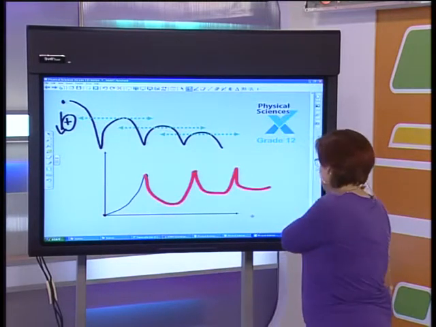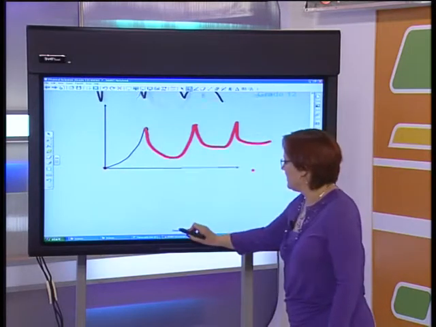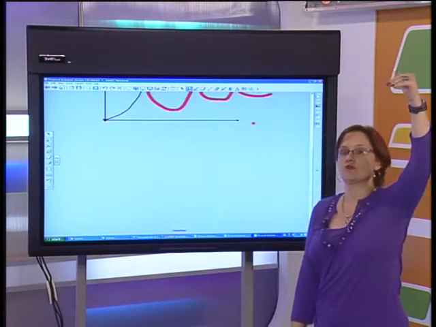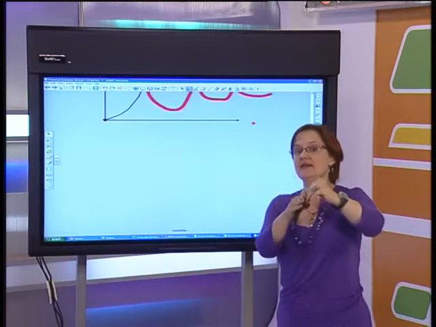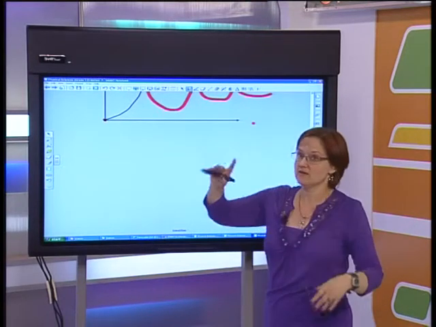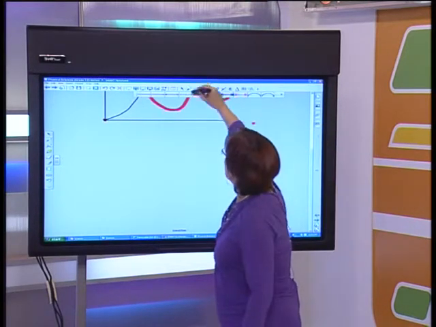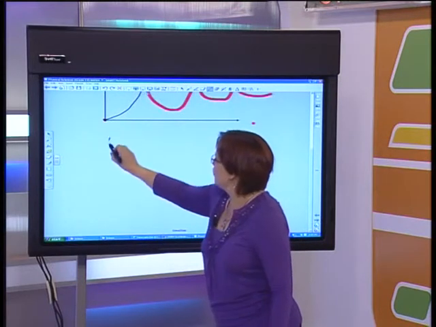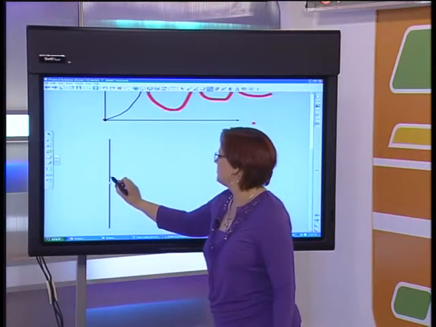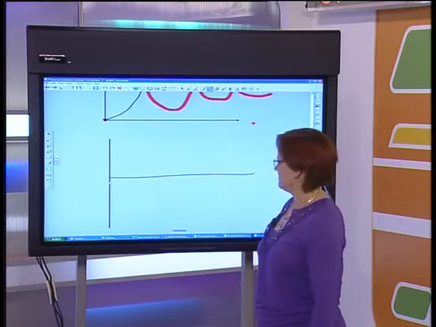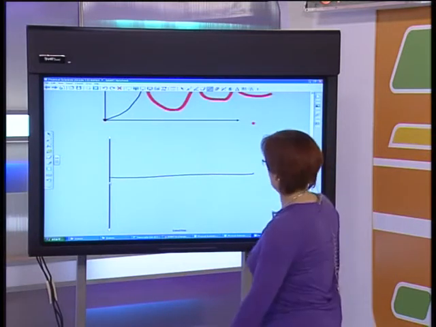We need to remember that it has a positive velocity, then a negative velocity, then a positive velocity, negative velocity. So we need a graph that has both positive and negative values, and that is not a straight line.